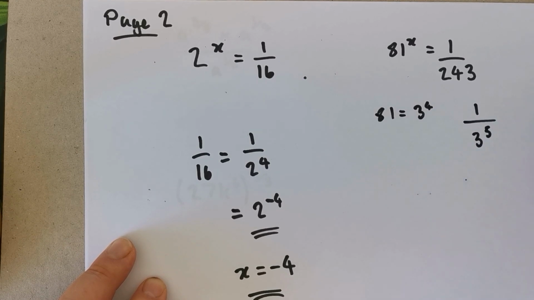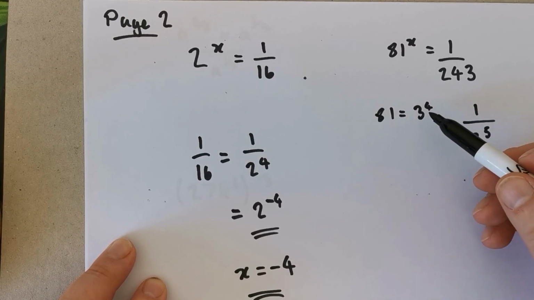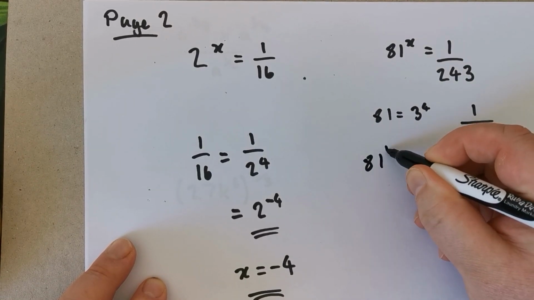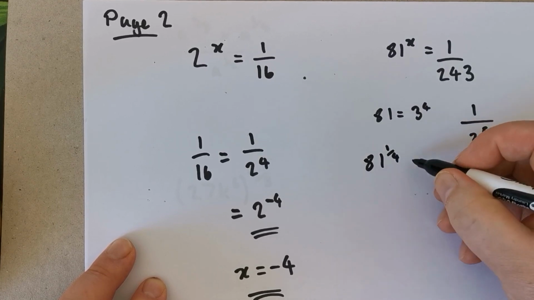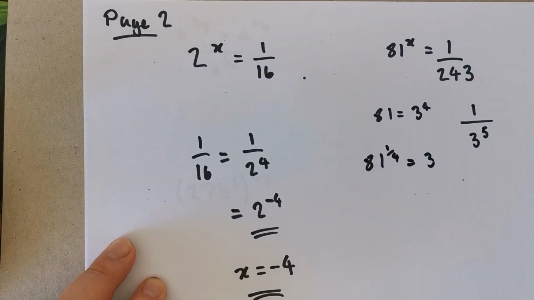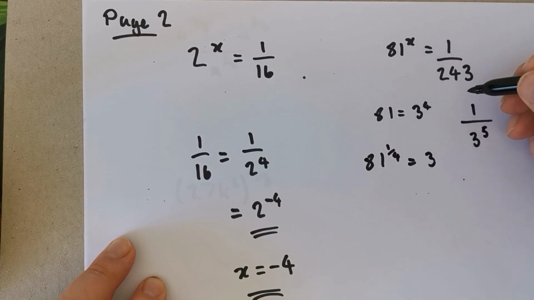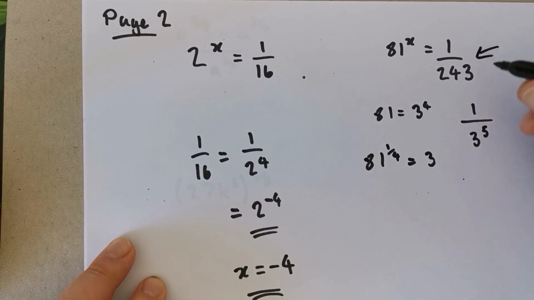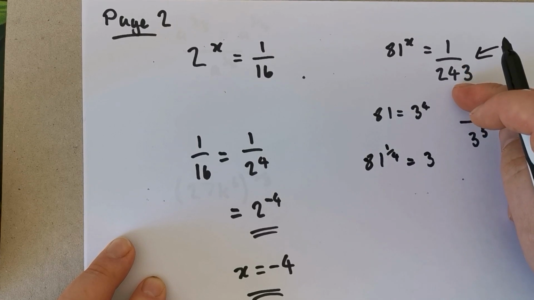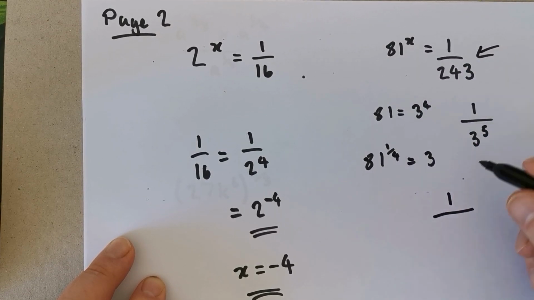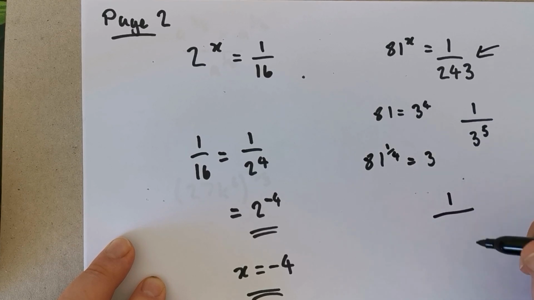Once I've got to that stage, I now need to think about using fractional powers. Again, this was done in indices 3, where you should have learned that 81 to the power of a quarter, that's a power 4 root, is 3. What I'm after is that 1 over 243, so I'm going to write that as 1 over 3 to the power 5.